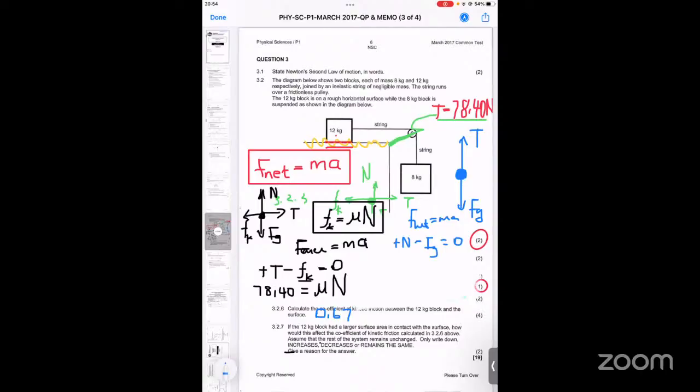And then your N ends up being equal to Fg. So that means N is equal to mg. That is why they no longer write N, but they write mg.